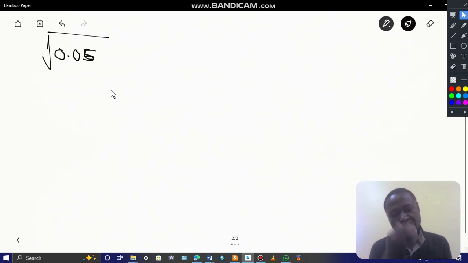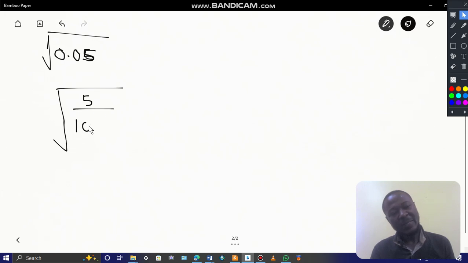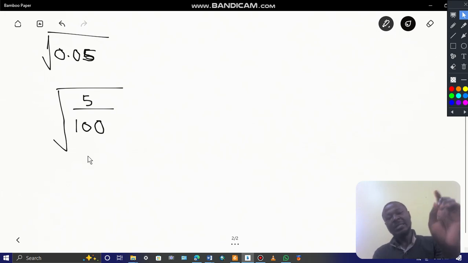The fraction here, I think, should be 5 over 100. 0.05 is the same as 5 over 100. You come up with the square root of something like this, 5 over 100. Now you have expressed the decimal as a fraction.